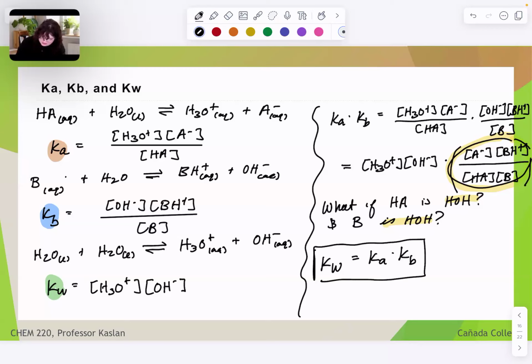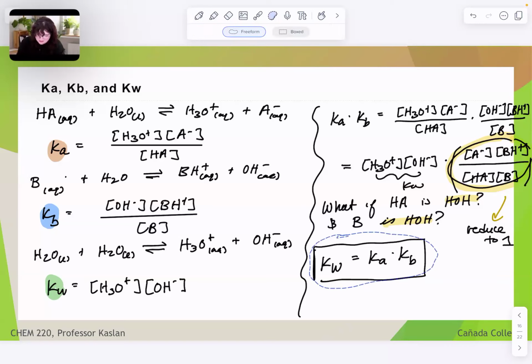Because notice this is Kw, and all of the stuff that's highlighted here in yellow would reduce to 1. We can look at this again when we have a conversation about conjugate pairs, which we haven't really discussed yet, even though we've seen them this entire time.